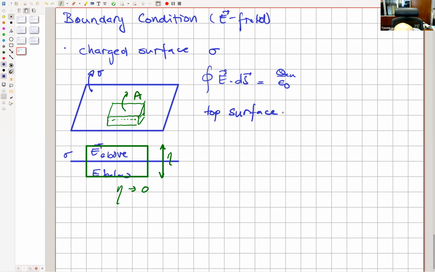I basically get that for the top surface, I have E above times A, and then for the bottom surface, E below times A, and in this case with a minus sign, because the field would go in one direction.